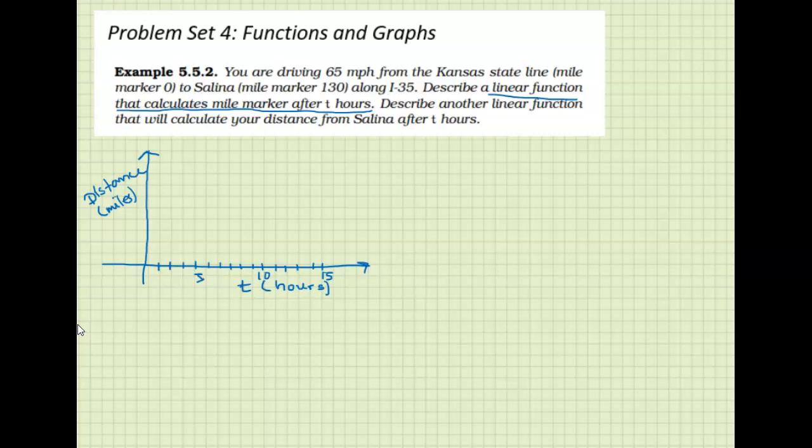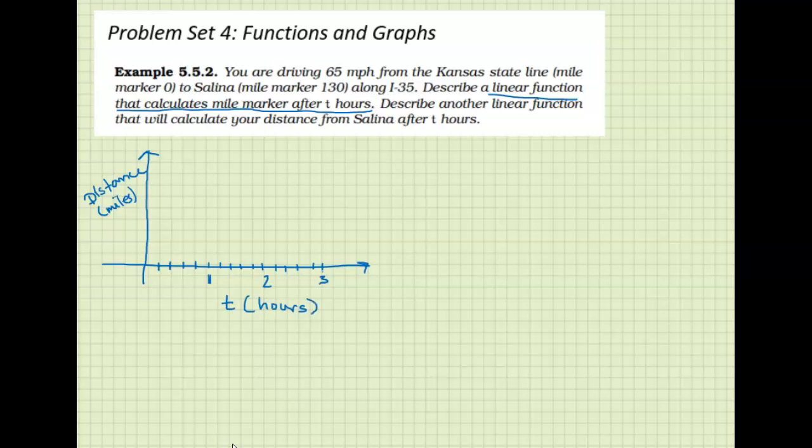I think that's probably not a good scale, because you're driving 65 miles an hour and you're going 130 miles. That's only going to take 2 hours, right? So let's do 1, 2, 3, 4. This is 1 hour. 1, 2, 3, 4, 5. This is 2 hours. This is 3 hours.